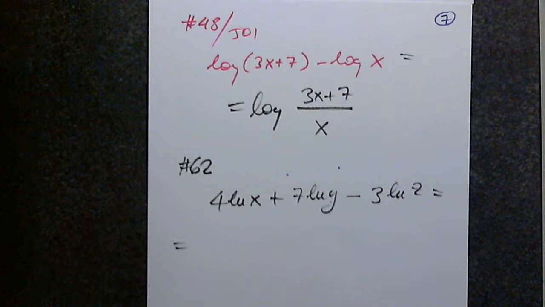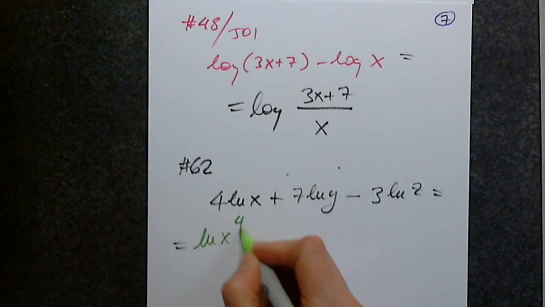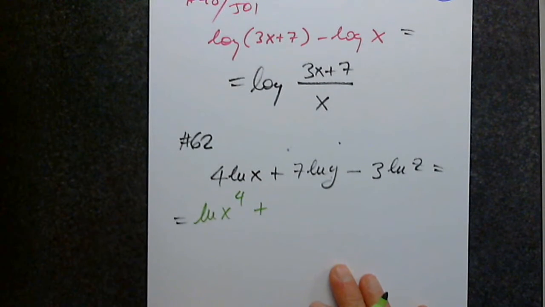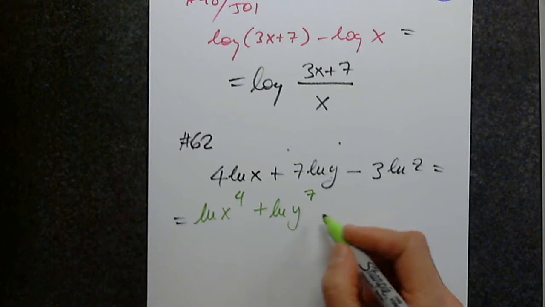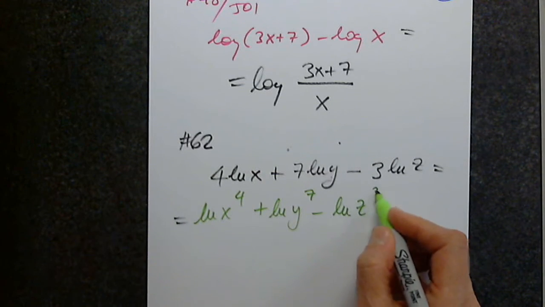But we're not ready to condense it yet because of the numbers in front. Where do they come from? It's the power. Exactly. x to the 4th plus natural log of y to the 7th minus natural log z to the 3rd.